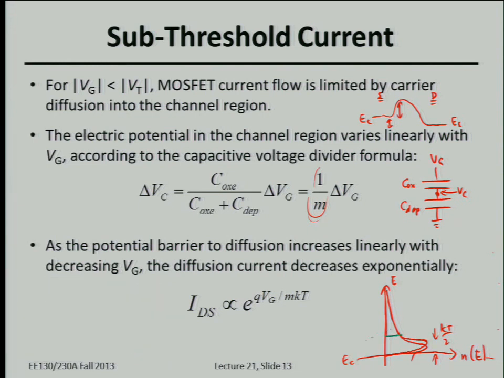Okay, and basically, let's say there's this barrier height. Only these electrons have the kinetic energy to diffuse into the channel region.